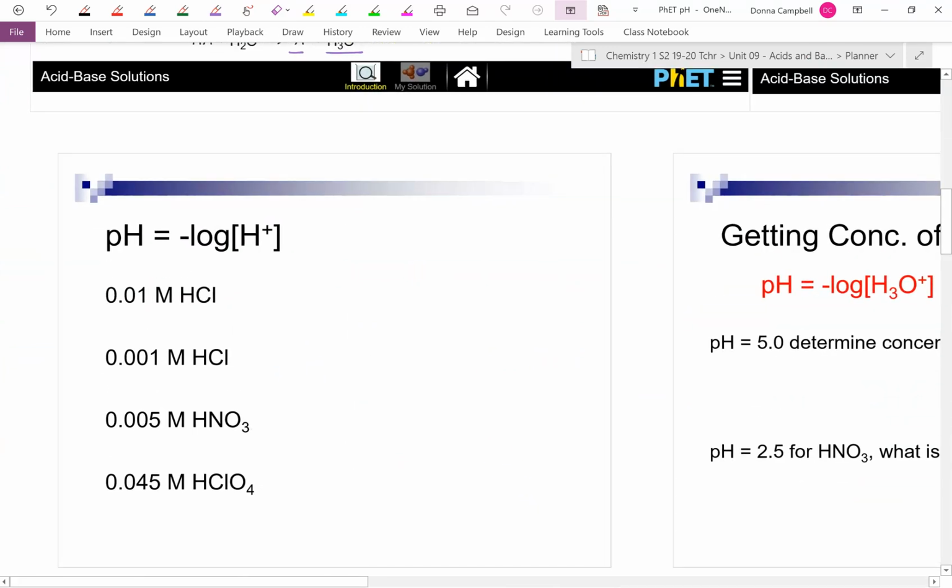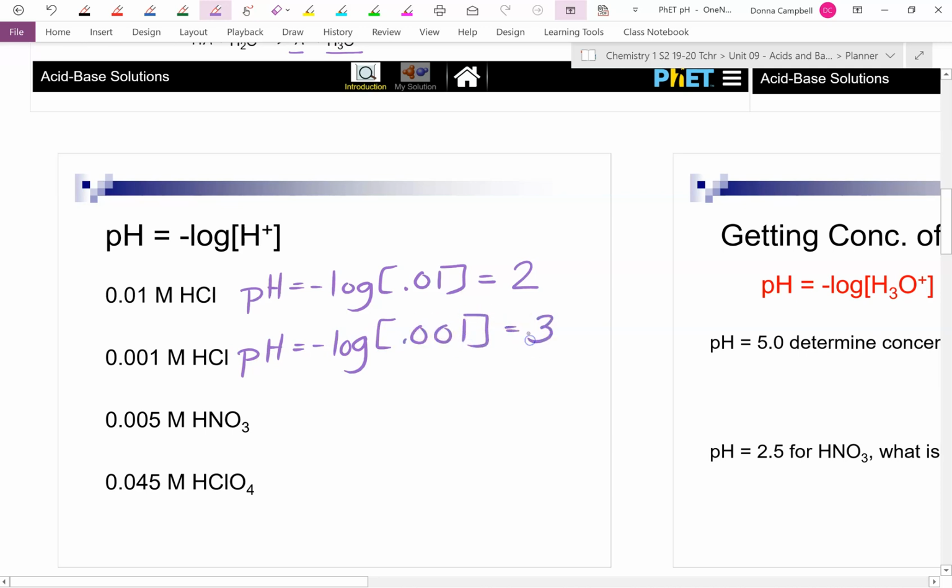So let's do some quick calculations. pH is equal to the negative log of 0.01. We just did that one, so it is 2. pH is equal to the negative log of 0.001, and that is 3. pH is equal to the negative log of 0.005, and that is 2.3.